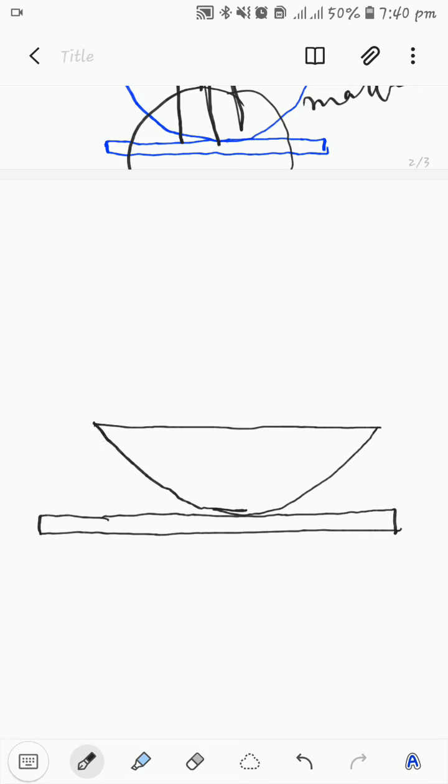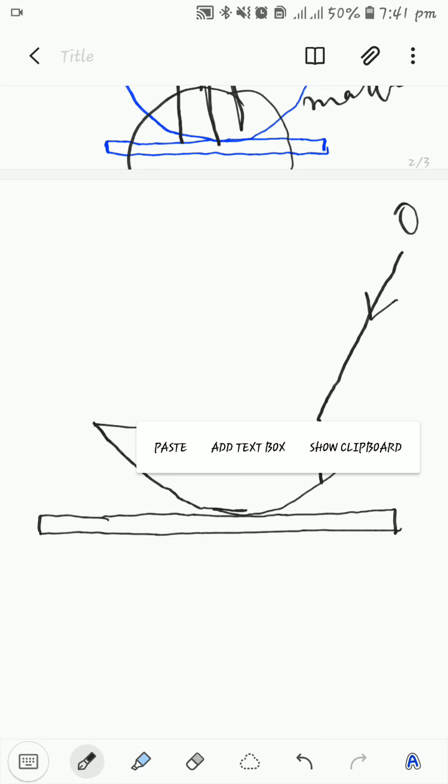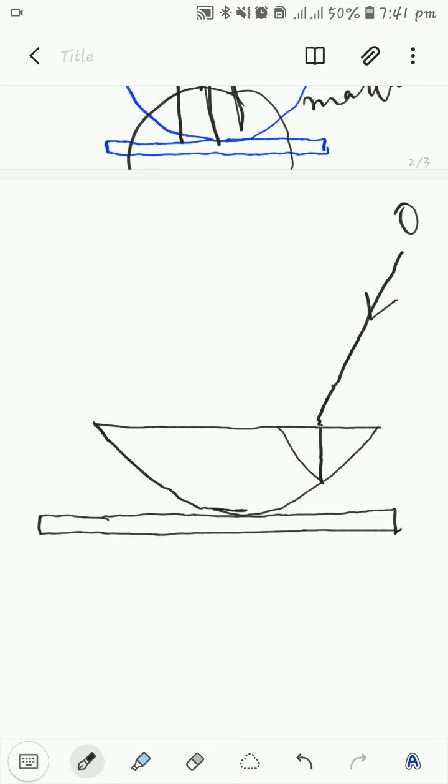If we see a light ray from a point O coming into the plano-convex lens, it gets refracted a bit, and then from the first glass to air boundary, it gets reflected again in this direction and then refracted into another direction.